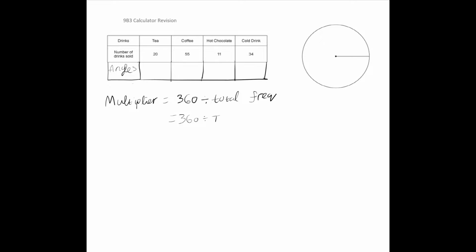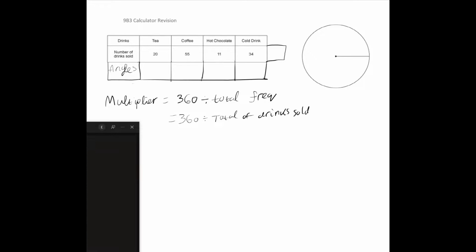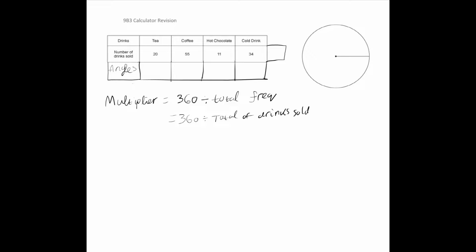So here I need to add up the number of drinks that were sold. I'm allowed a calculator, so that's 20 plus 55 plus 11 plus 34, giving me 120. So the multiplier is going to be 360 divided by 120, which should be 3. So that means that every single drink is worth 3 degrees.